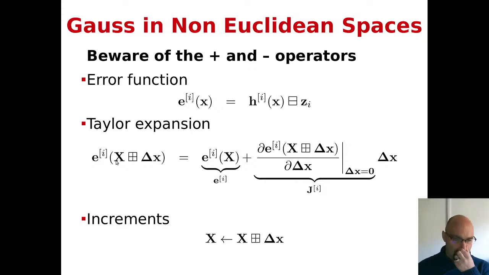At the same time, when we calculate our quadratic approximation and thus our Taylor expansion, we are expressing this formula as a certain term plus another term which is multiplied by a perturbation delta x.